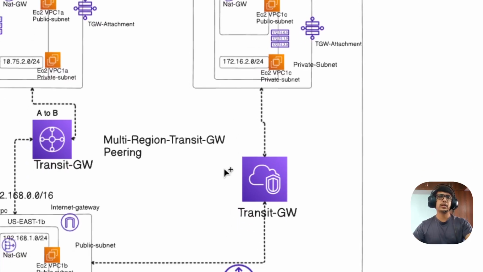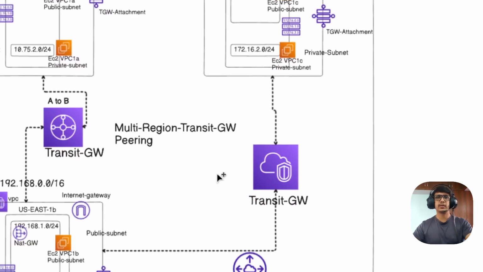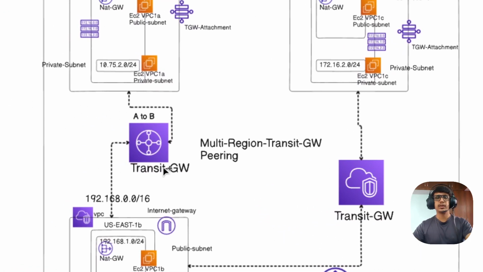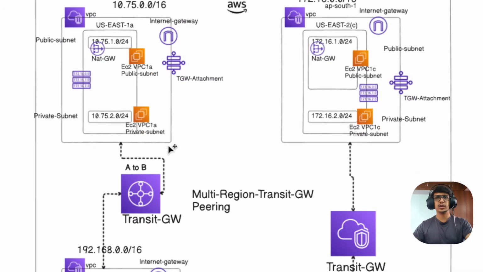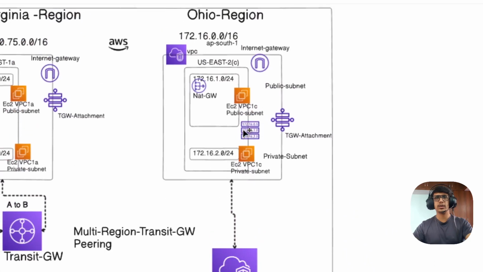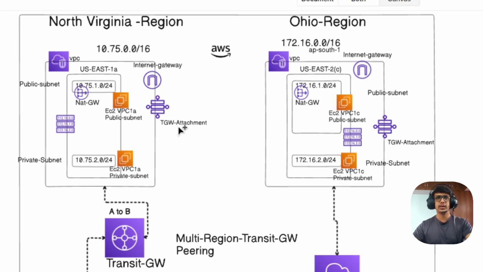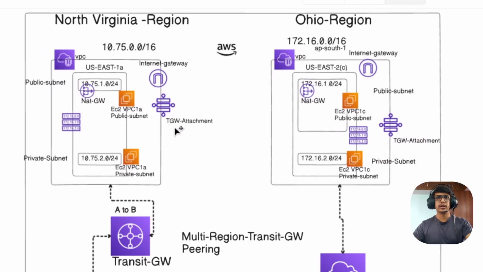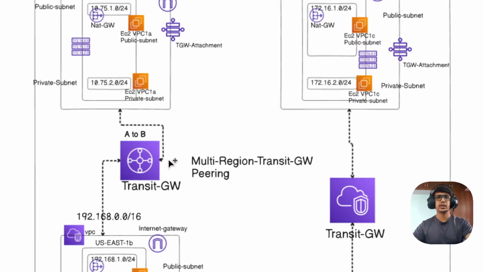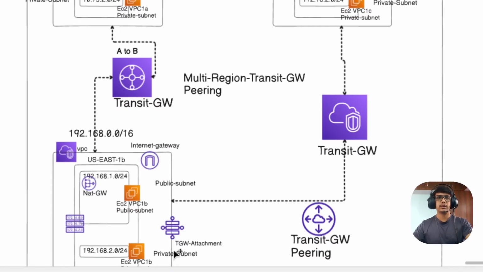And here we are creating two transit gateways, one in North Virginia and another in Ohio. We are going to create three attachments: one for the 10 CIDR transit gateway attachment and one for the 192 transit gateway attachment.